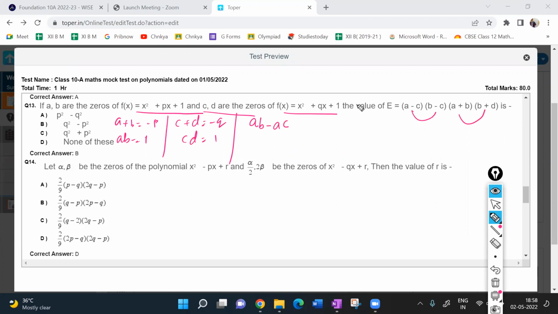Look at this. Let me write here. So first of all, we'll multiply these two. So AB, AC minus BC plus C square into AB plus AD, AB plus AD plus B square plus BD.